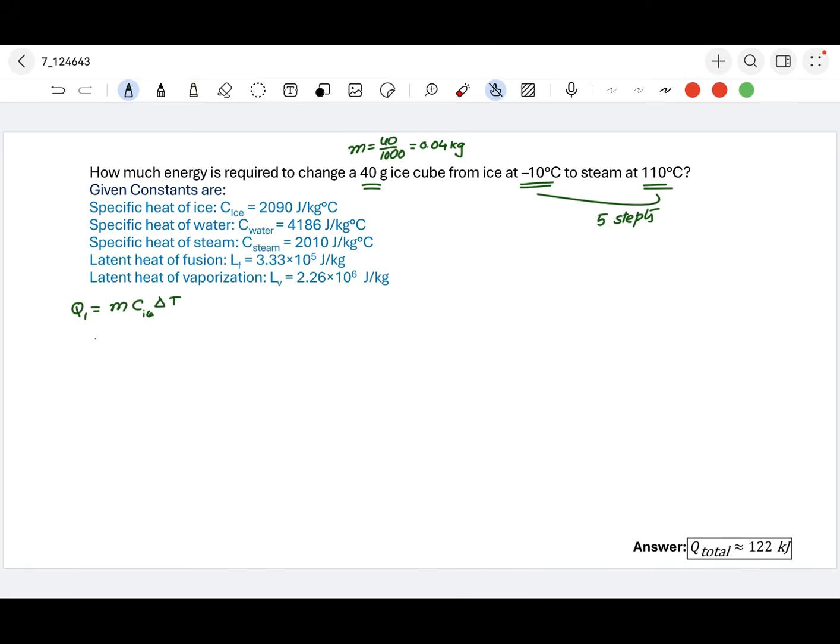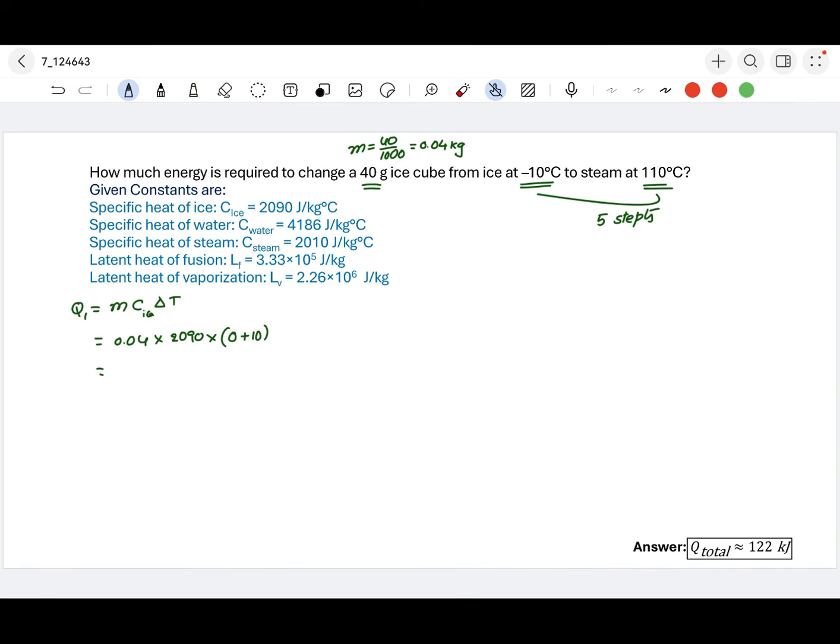So for the ice, Q1 equals 0.04 times 2090 times the temperature change, from the starting temperature minus 10 to 0, which is the final temperature. Minus of minus becomes plus, so 10.